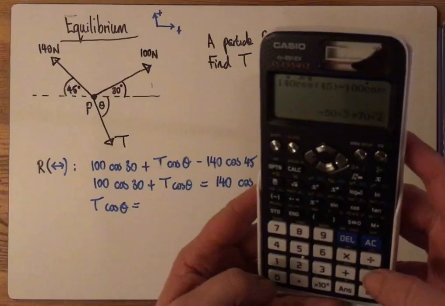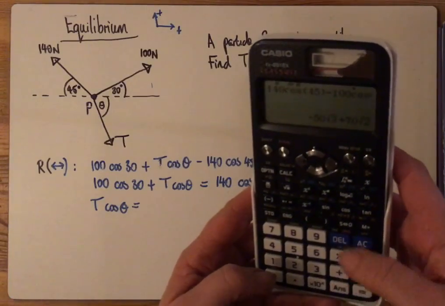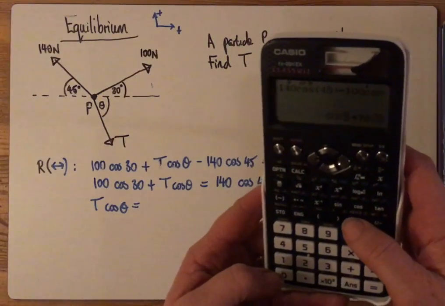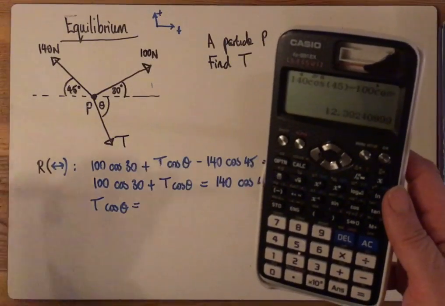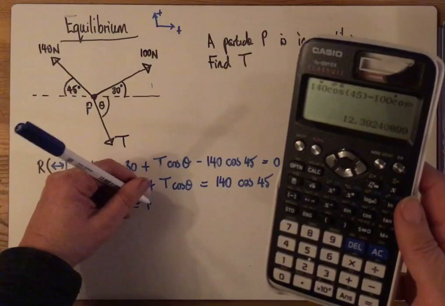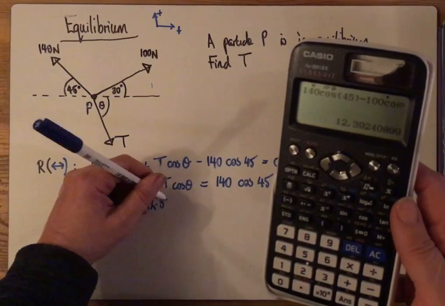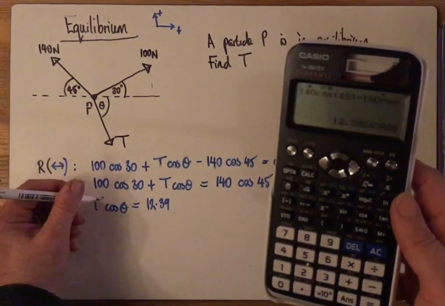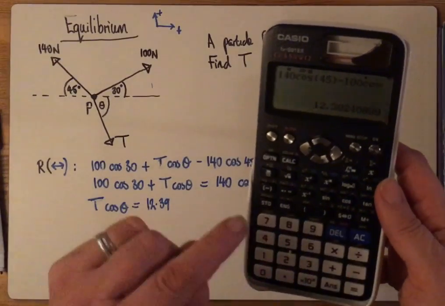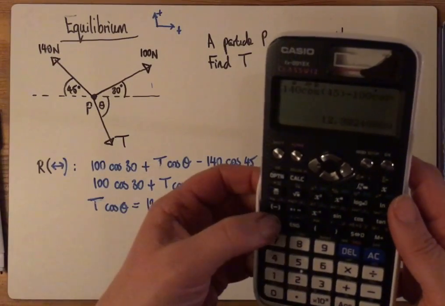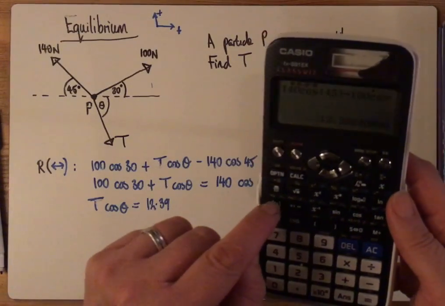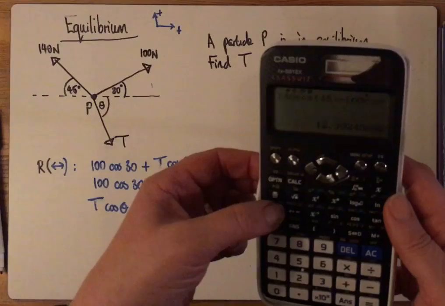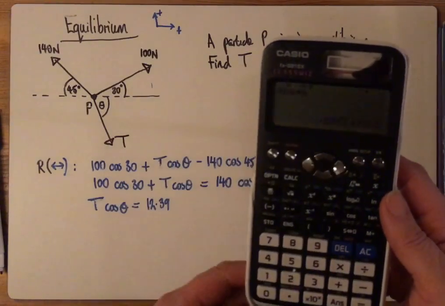That's going to give me, it gives an exact form actually, minus 50 root 3 plus 70 root 2, or 12.392. You can write down a rounded version, but I would just store that. So I can store that to A by doing store. I'm just coming to the red bit above there, and that's now stored to A.